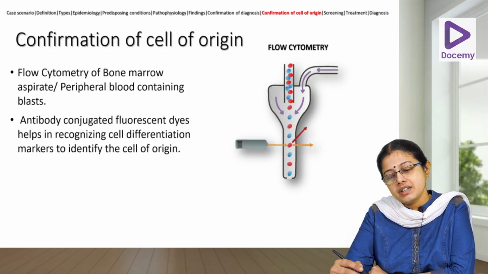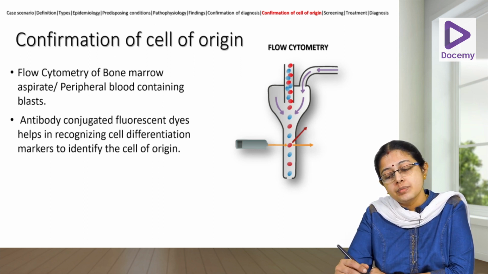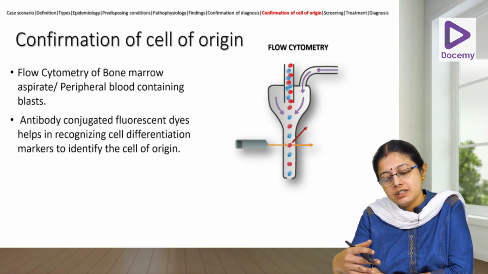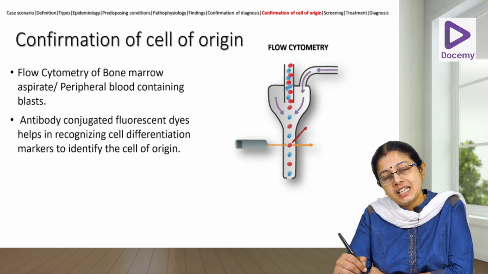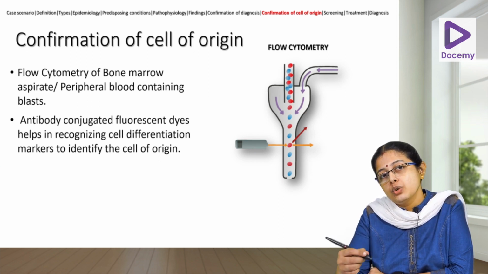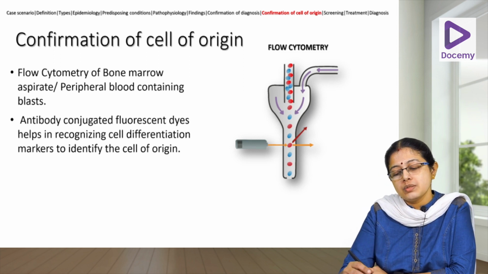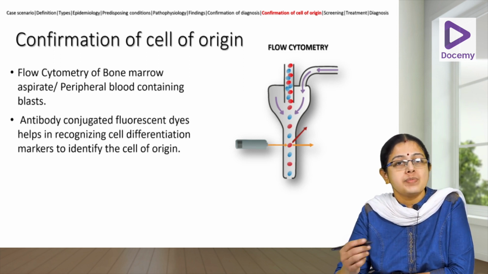Now, these cells are run through the flow cytometer, where the cells are moved singly through a chamber, and a laser is passed through this chamber, and it identifies the different kinds of cells within the specimen.